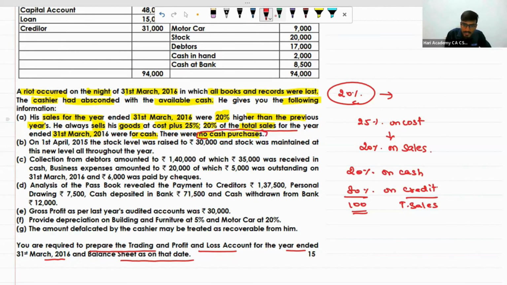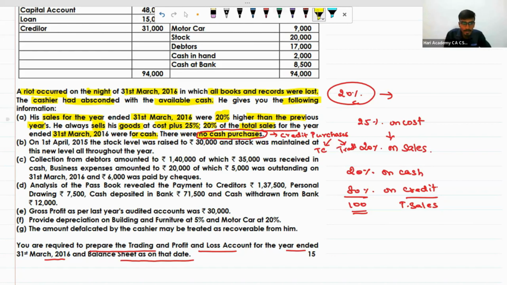So from this we came to know we only have credit purchases. If we only have credit purchases, two possibilities come to your mind. Either I will find out my answer using the total creditors account, or I will use my trading account to find out my purchases. That's what we are going to see.